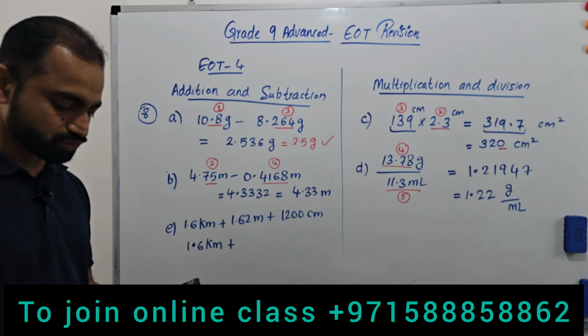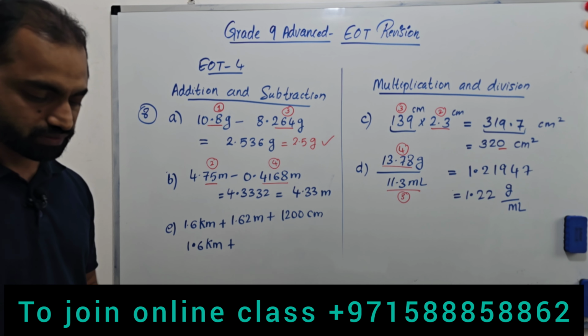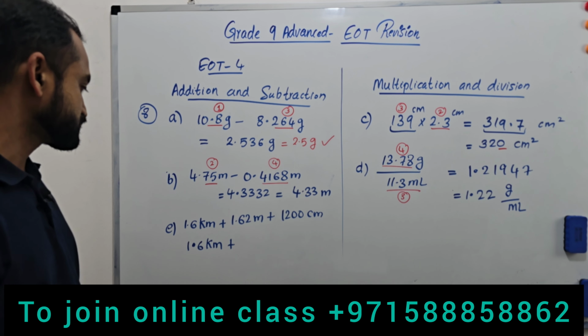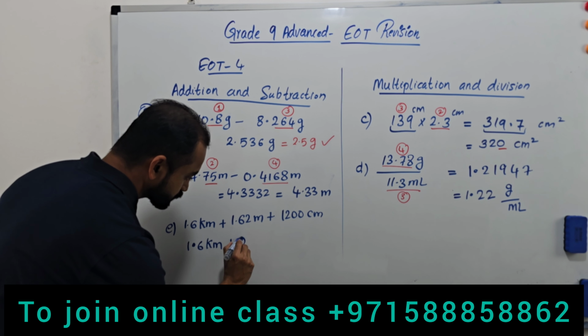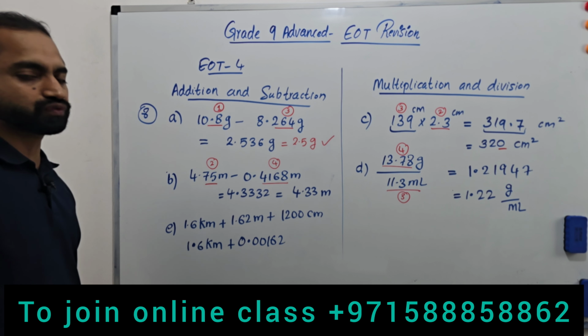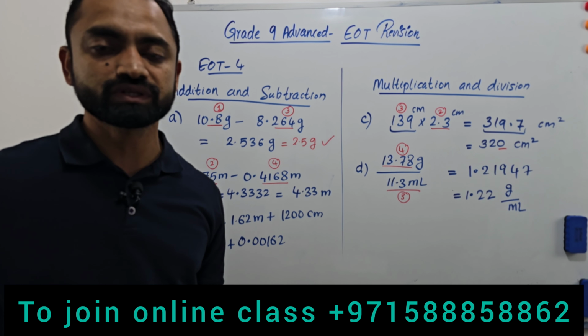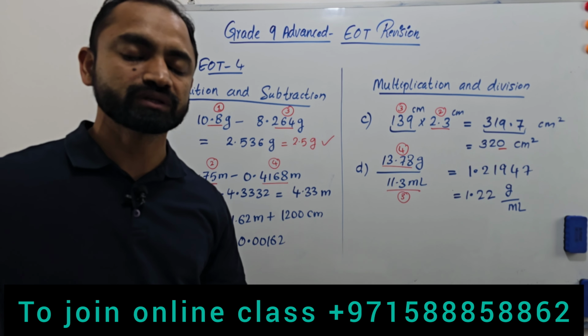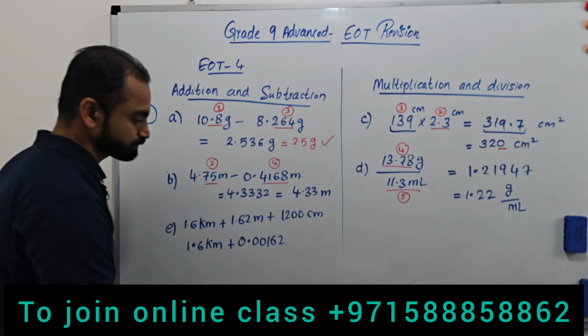So 1.62 divided by 1000, so it will be 0.00162. Okay? So in this type of question, adding different units, what you have to do is convert everything into the biggest unit, okay?